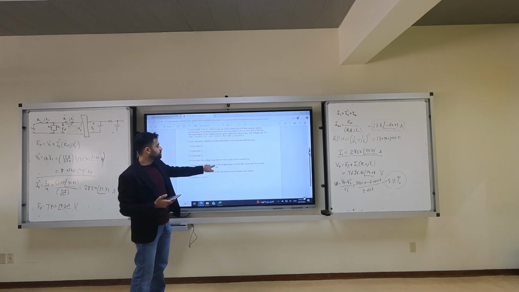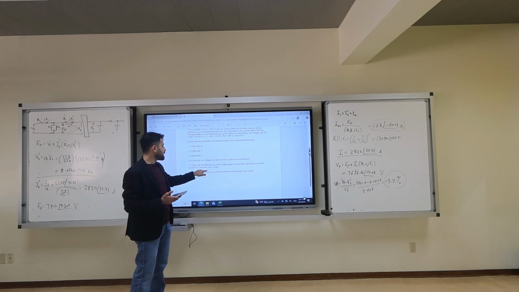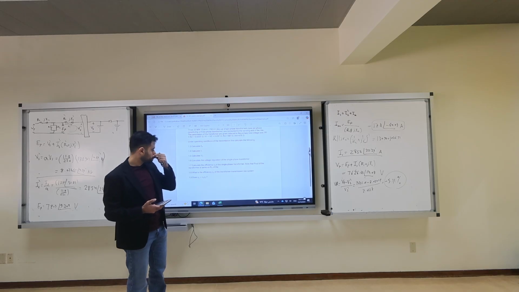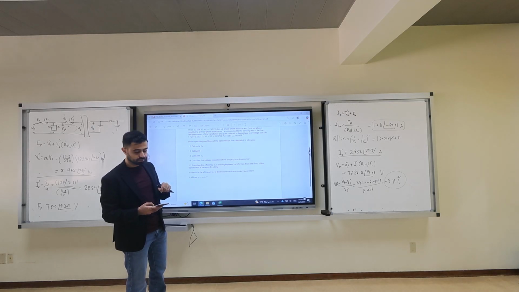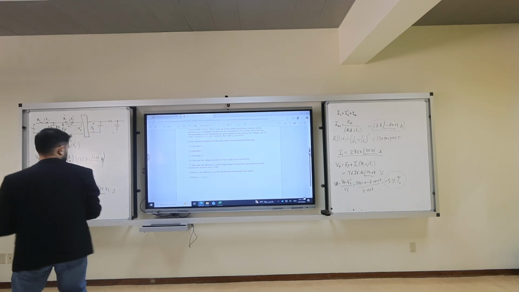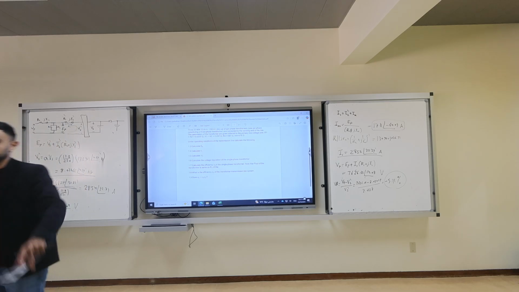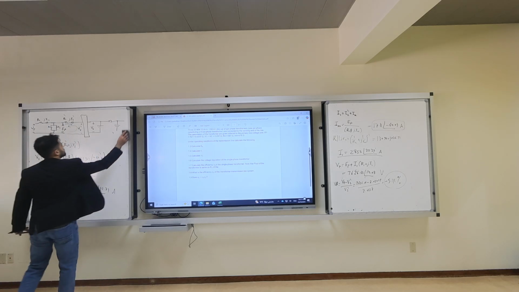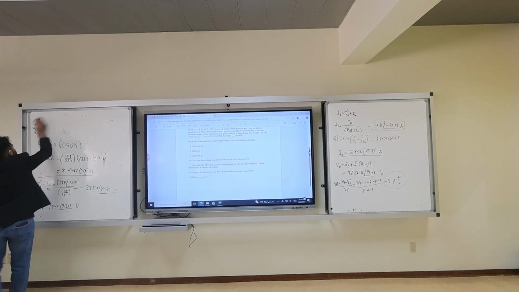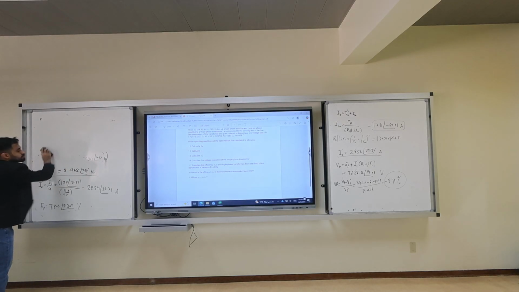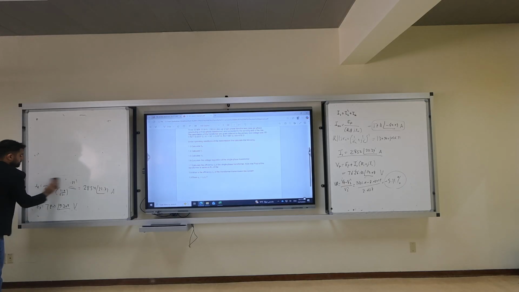Calculate the efficiency eta 2 of the single phase transformer. Note that P output of the transformer is same as P input of the line. Working? Take photos, take photos.